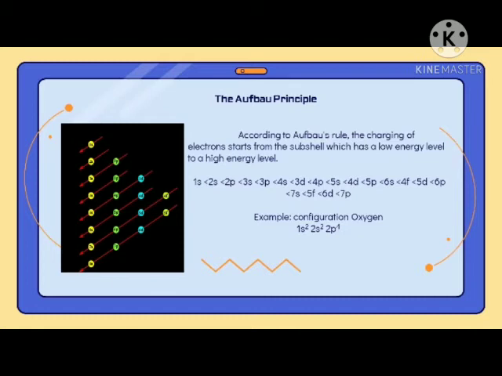The energy order of atomic orbitals from lowest to highest is 1s, 2s, 2p, 3s, 3p, 4s, 3d, 4p, 5s, 4d, 5p, 6s, 4f, and so on. Then the electron will occupy the 1s subshell first and then occupy the 2s subshell. The s subshell can only be occupied by 2 electrons.